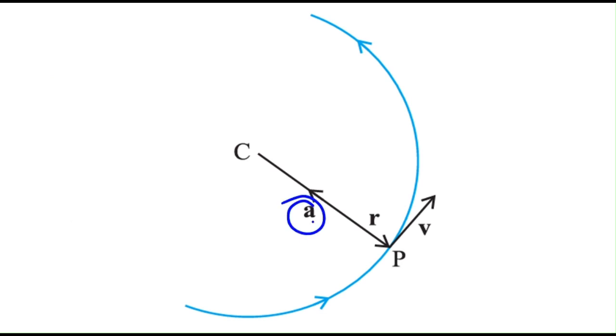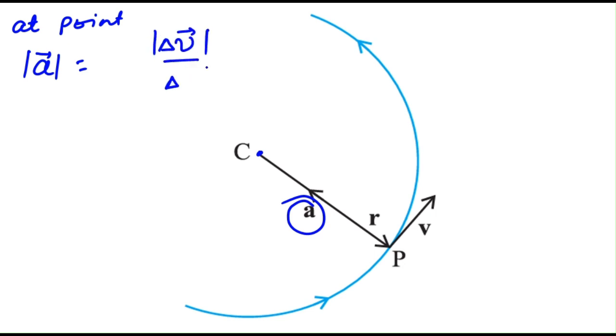So this is acceleration radially inwards towards the center, and this acceleration we can simply give at a point. Let's say at point P, what is the acceleration? We can say this is delta V, but now we are taking this delta t to be tending to 0.